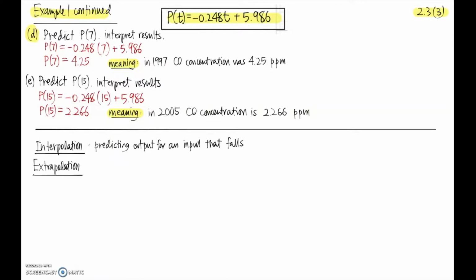Interpolation is when we're trying to predict output for an input that falls between the minimum and maximum of the data set that we're given. So within the min to max of your data set inputs.